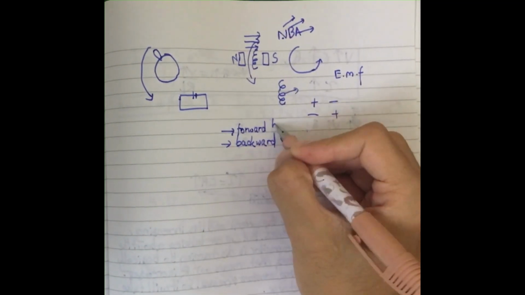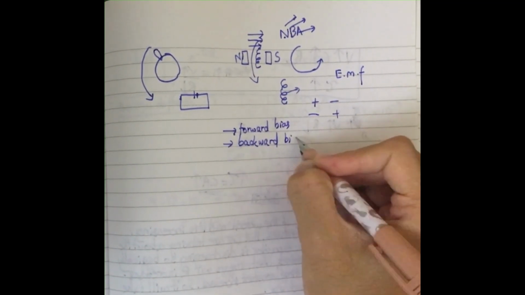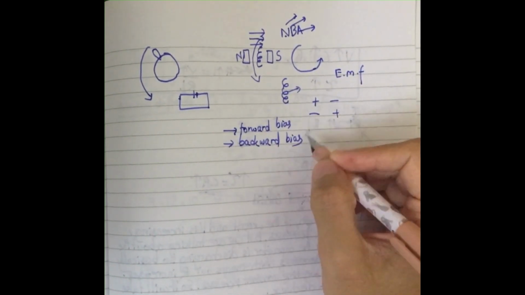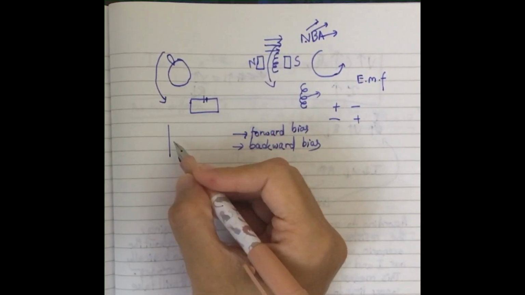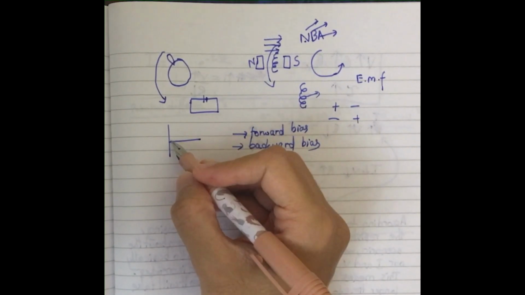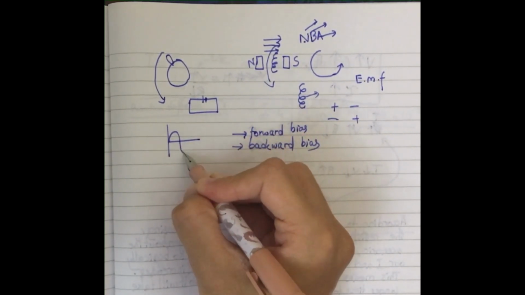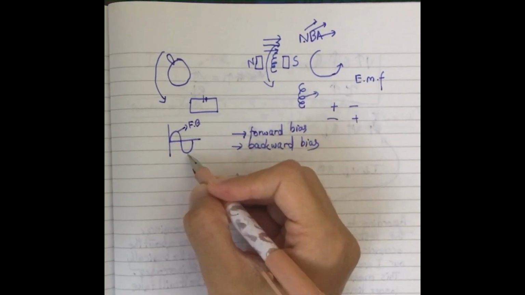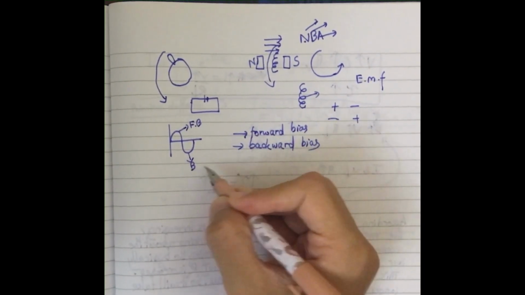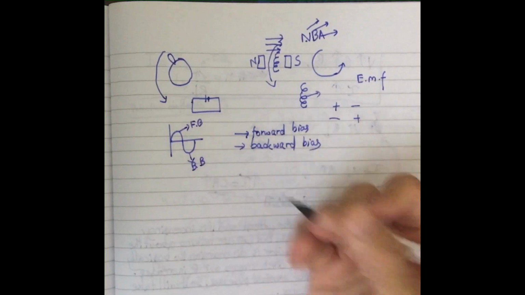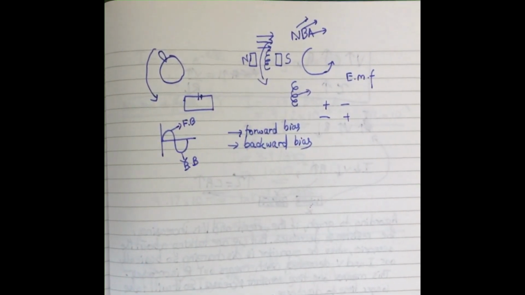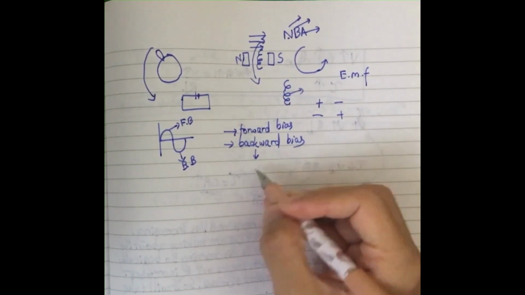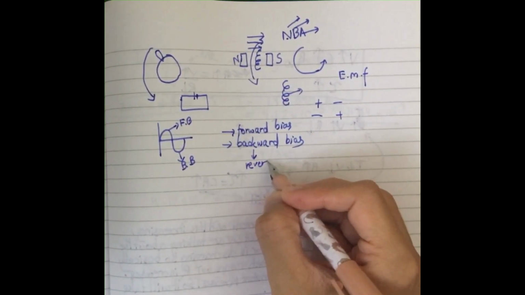Let me write bias as well. You have these two, and I have drawn a graph for you: this is forward bias, this is backward bias, or you can say reverse bias, it's not a big difference.